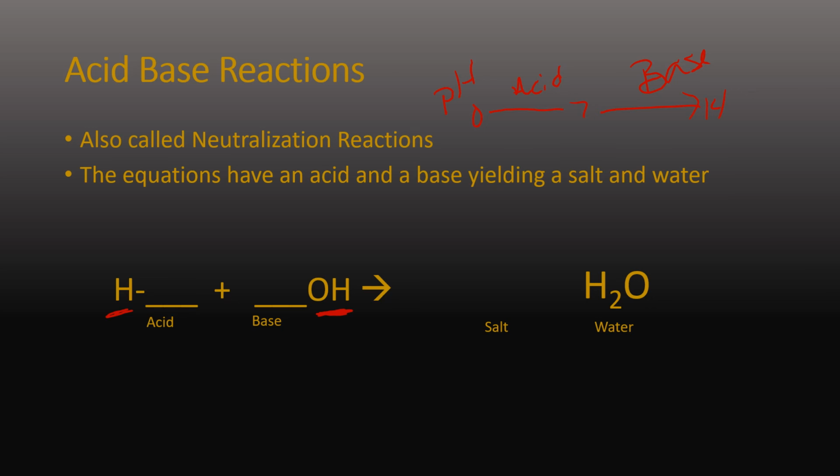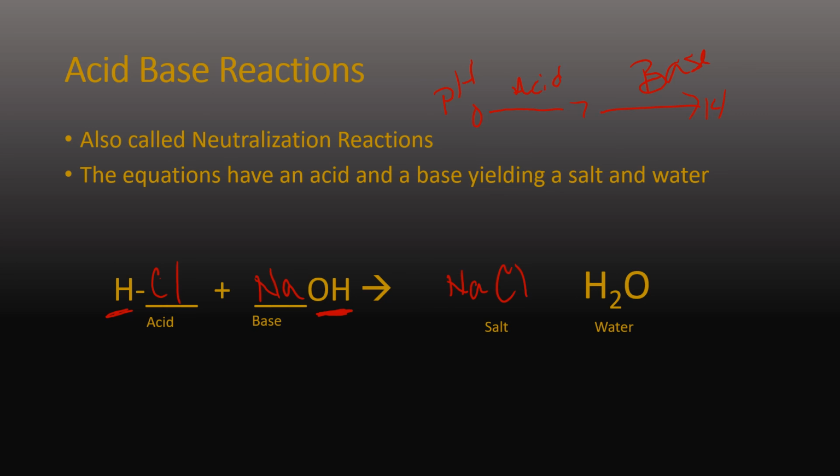So HCl would be hydrochloric acid. NaOH is a base, sodium hydroxide. And so it's going to produce H2O and sodium chloride, salt. In this case, it is salt.